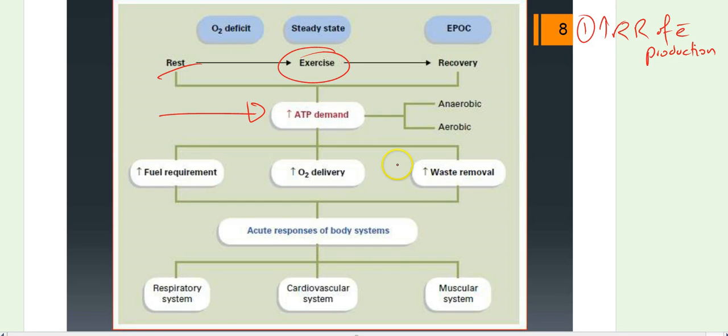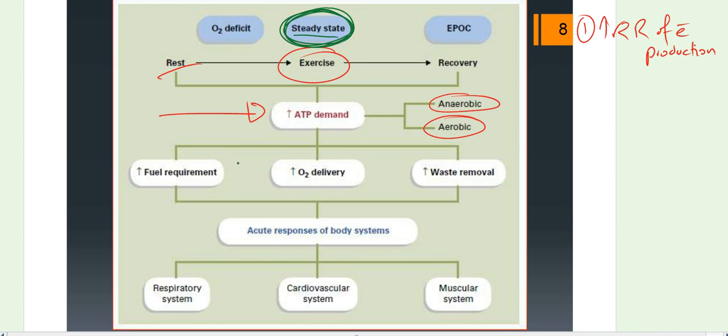Now this can come from either of two sources. We can have it from the anaerobic systems or from the aerobic system. Now, identifying that this table does say that we're working at steady state, meaning that the majority of energy can be met aerobically, the vast majority aerobically.